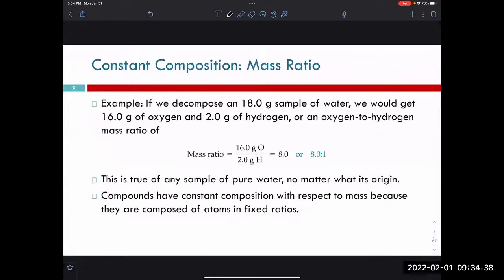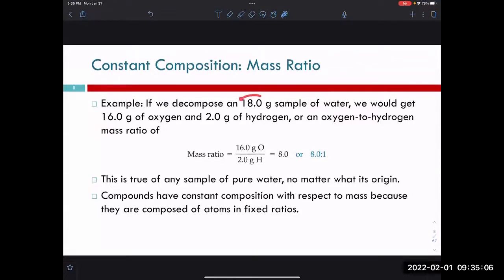So we took 18 grams of water. This was actually in chapter 1, an example of trying to look at trends in data. So here we've got 18 grams of water. If we decompose that, like I mentioned last week, if you take a 9-volt battery and put it in salt water, you can decompose water at home and create oxygen and hydrogen.